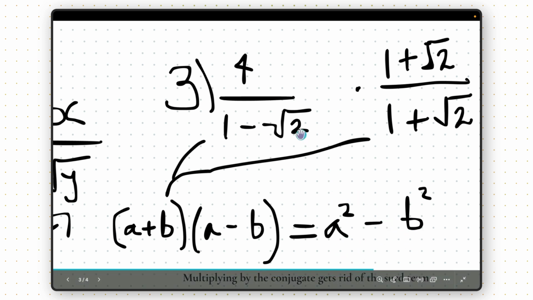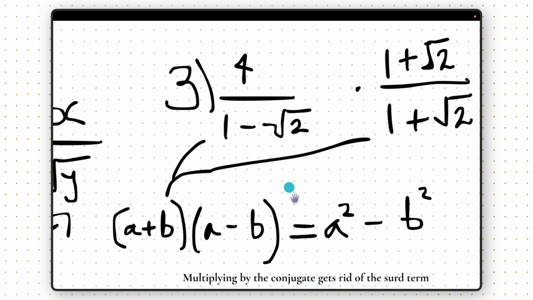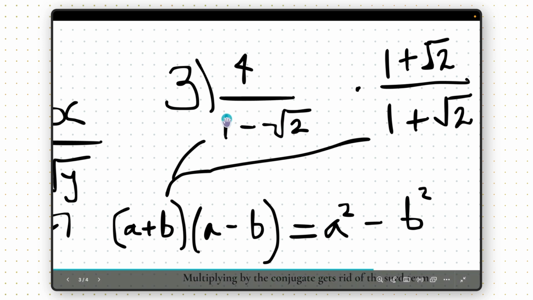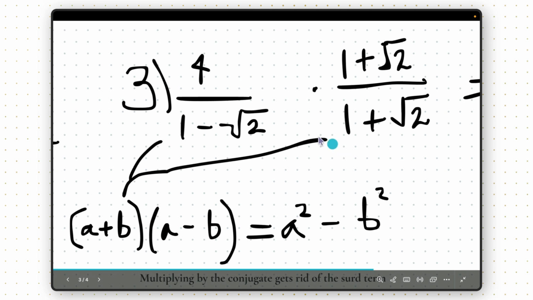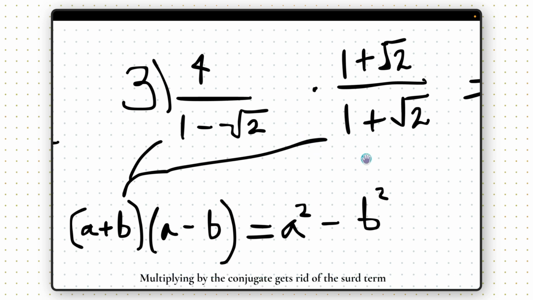So a squared minus b squared: 1 is a, root 2 is b. So b squared is just going to be 2, and you have 1 minus 2. If you multiplied with any other expression, it wouldn't work the same. You wouldn't get a rational answer.